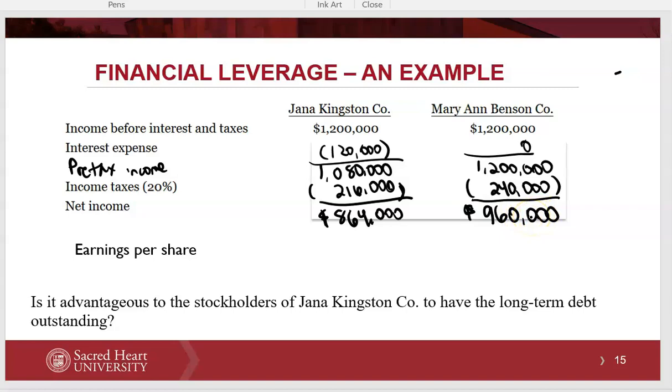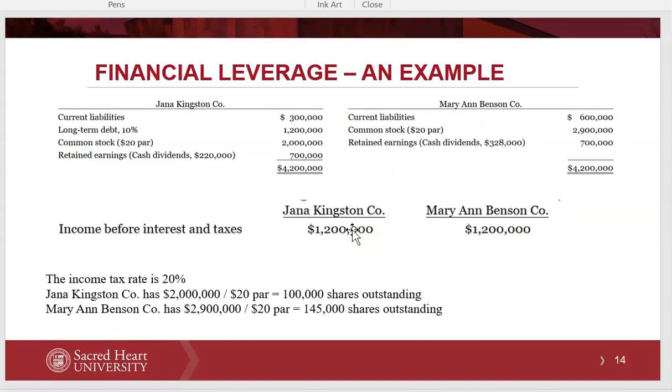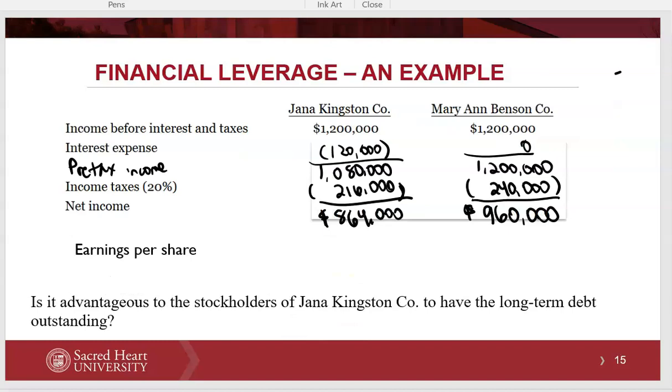But now let's look at earnings per share. We know that's an incredibly important metric used by common stockholders. So Jana Kingston had net income of 864,000, and that's going to be allocated across how many shares? 100,000 shares outstanding. So net earnings per share for Jana Kingston is going to be $8.64.